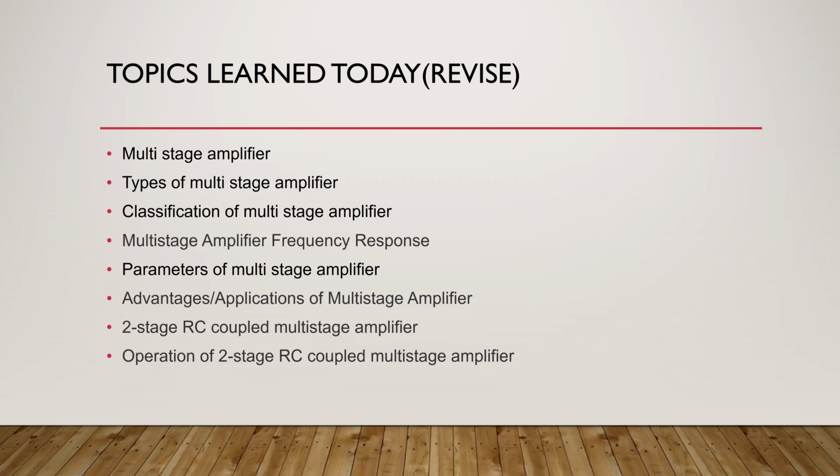Then we have seen the parameters that have to be calculated in a multi-stage amplifier. The voltage gain of the multi-stage amplifier is equal to the product of the individual gains, and the current gain is equal to the product of the individual current gains.